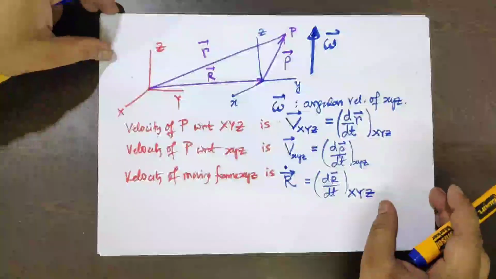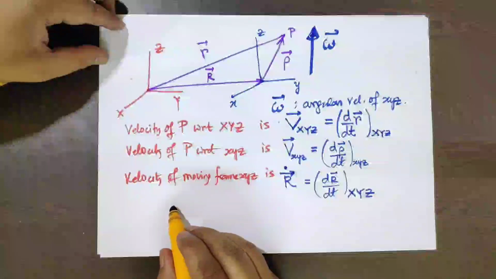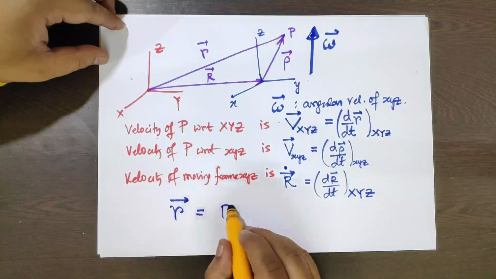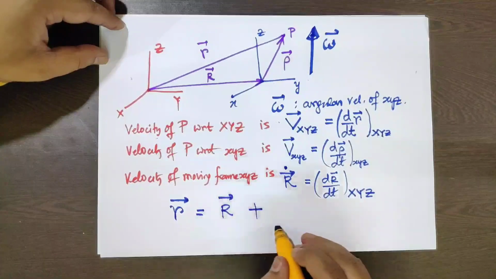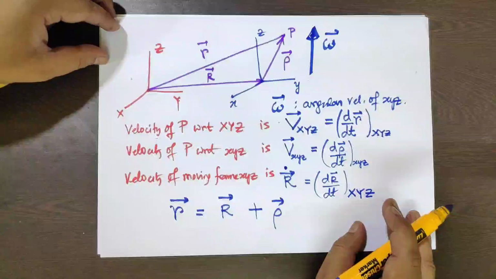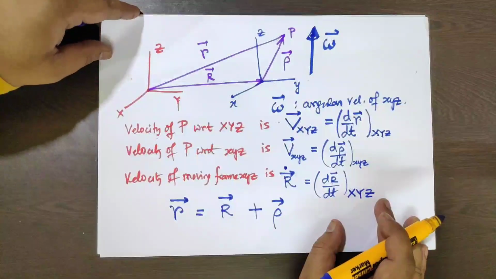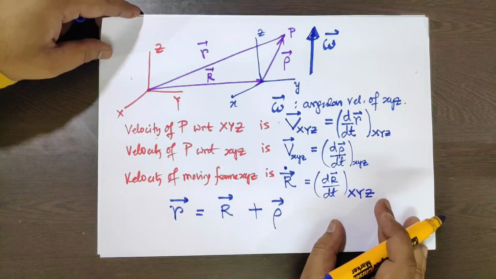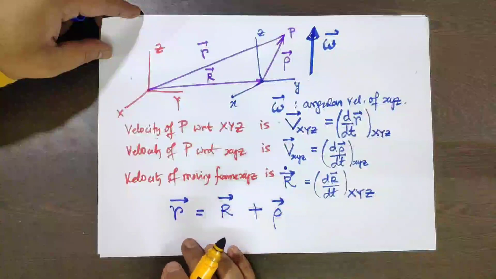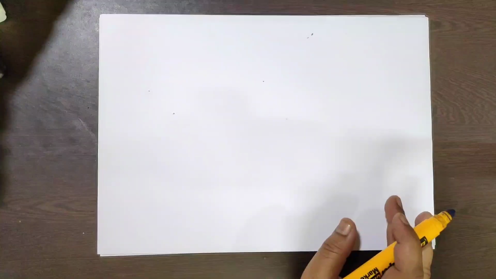Now from the triangle law of vectors we can write small r equal to capital R plus rho. In the next step I'll differentiate this expression with respect to time from the capital XYZ frame.